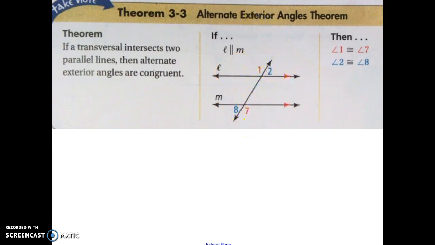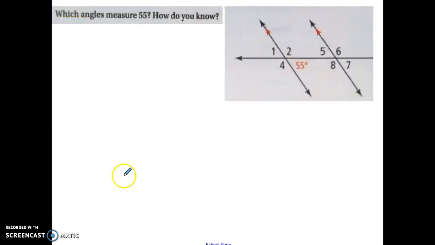Now we're going to use those facts, for the stuff that you're not going to get just from looking at those postulates. Let's look. Which angles measure 55 degrees? Well, this one's 55 degrees. By vertical angle theorem, angle 1 is 55 degrees.